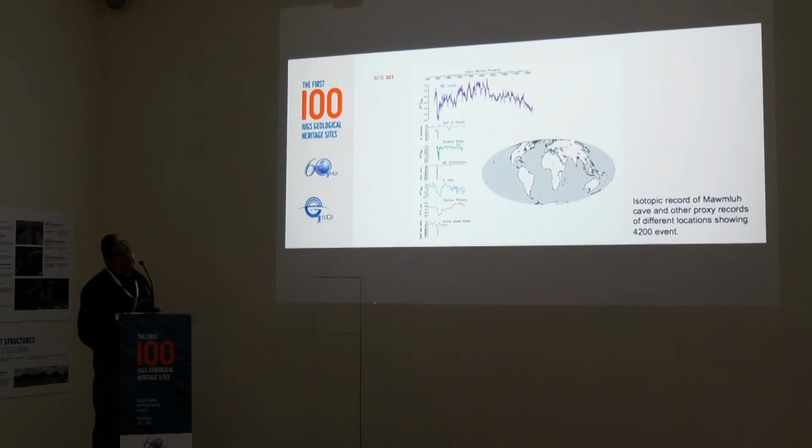Now, this is a global phenomenon that has been observed in proxy records of different regions of the globe. You can see here the locations plotted, and you can see 4.2 event anomalous values have been recorded in several proxy records. So it is nearly a global event.